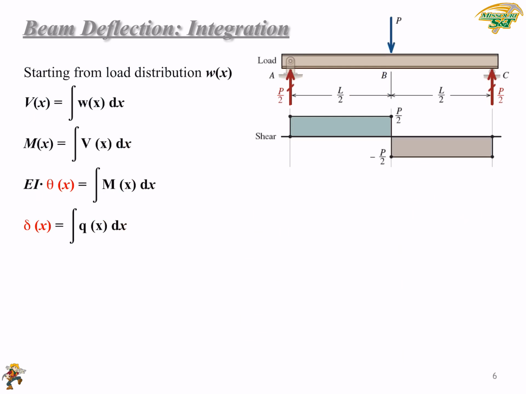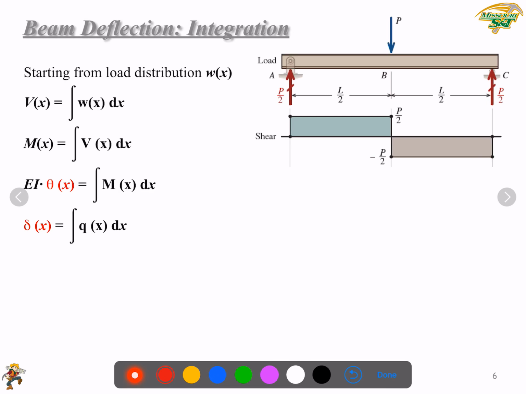So if we want to determine the moment diagram from the V diagram, what's our practice? Okay, we calculate A1 and A2, right? And again, the calculation of the areas is actually a kind of integration. The A1, you can easily calculate that A1 equals P over 2 times L over 2, so you get PL over 4. And here A2 is just negative PL over 4.